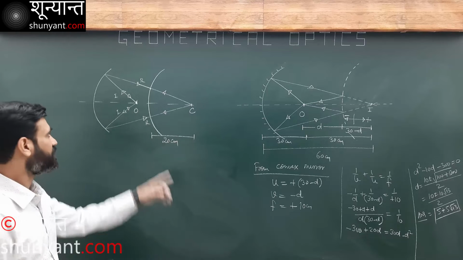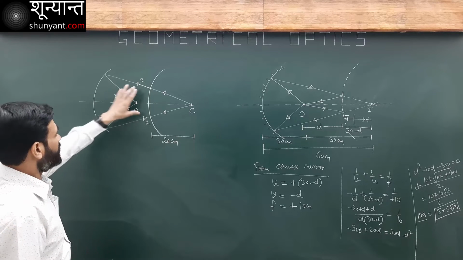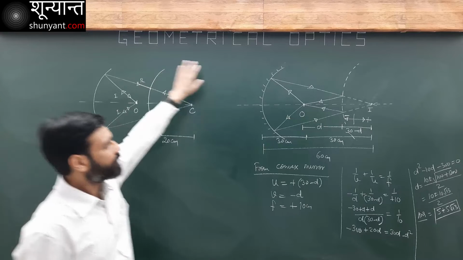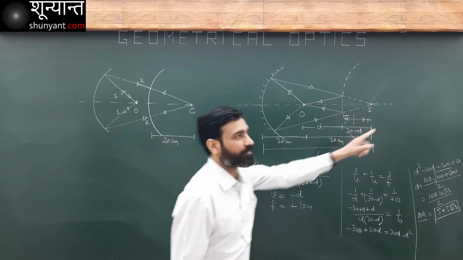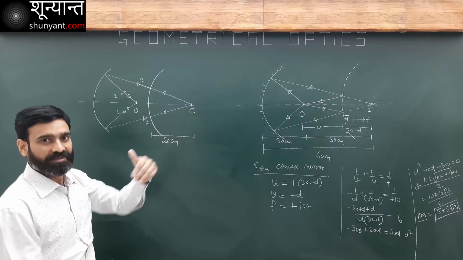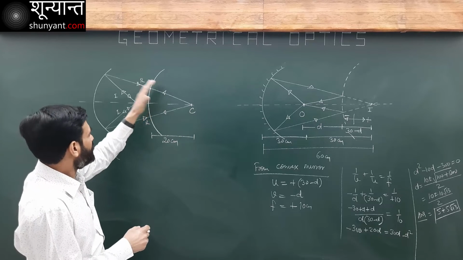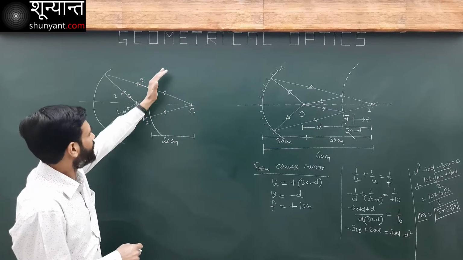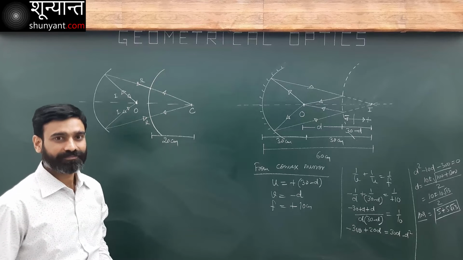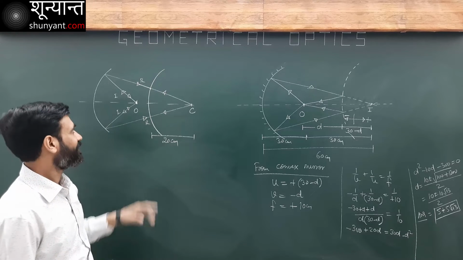If that happens, you see, this is my object. If I do not have this mirror, the image will form here. Now before the image is formed, I am intercepting these light rays by this mirror. Do you see this?